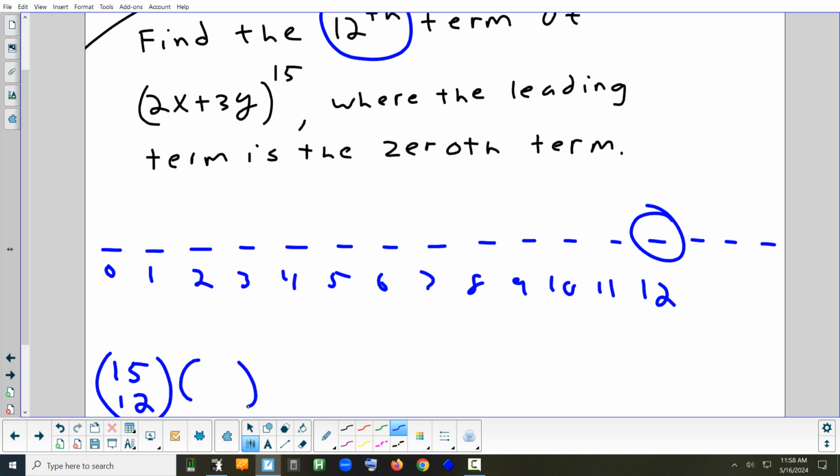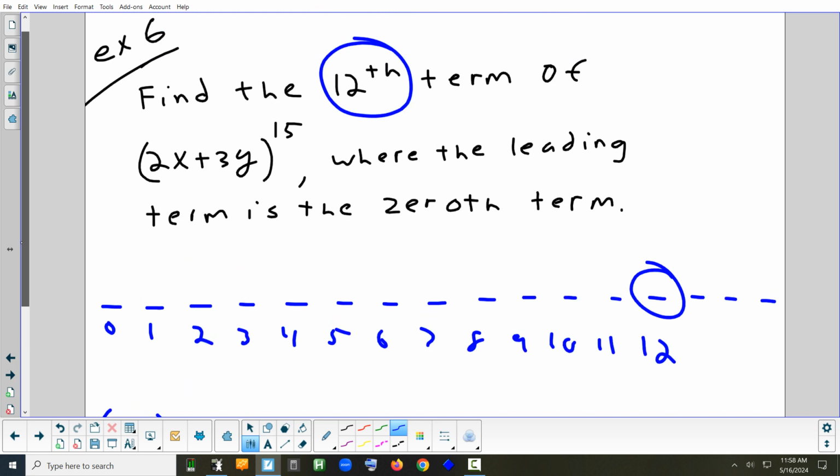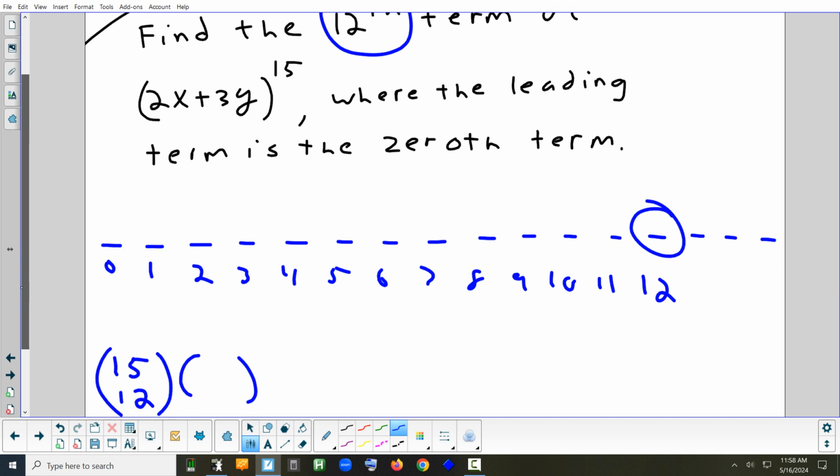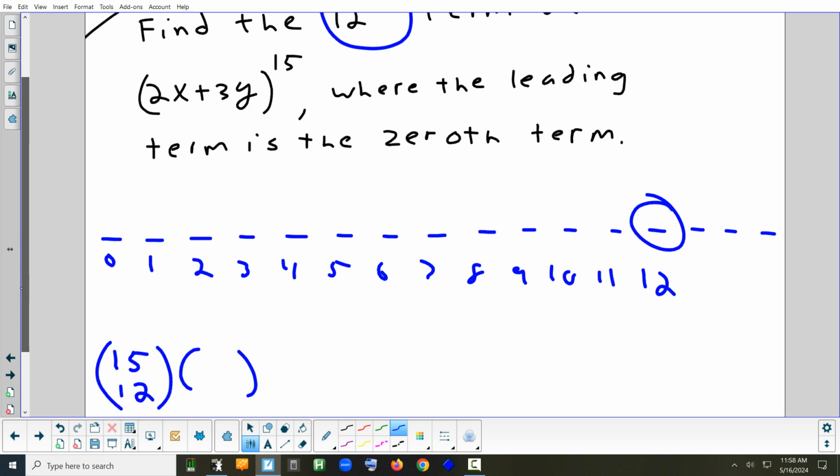What would go in parentheses next to it? So we need an algebraic expression inside those parentheses.